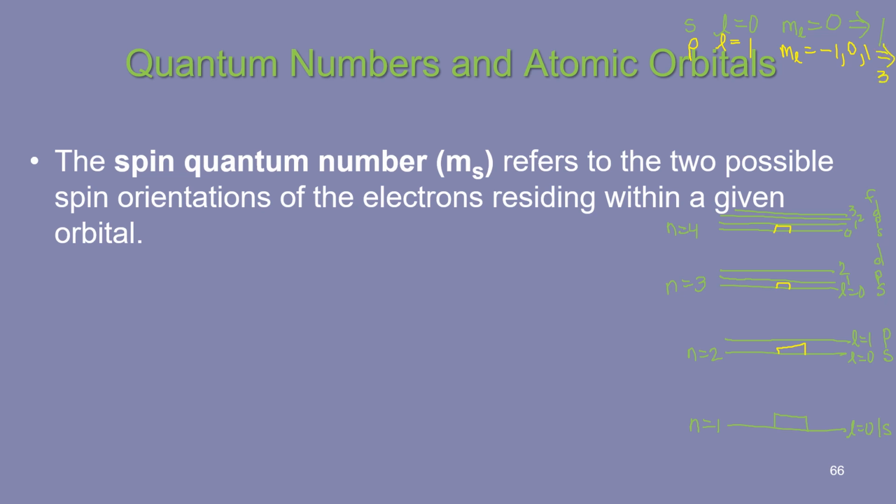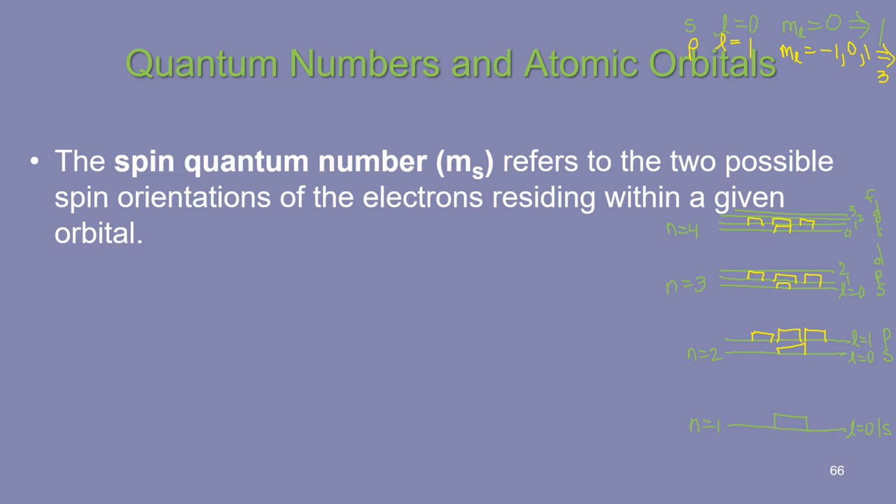So on any P subshell, no matter where it's located, there are 3 P orbitals, which means there are 3 regions that can each hold, remember, 2 electrons. So on the 3p, there are 3 of them. On the 4p, there are 3 of them. On the 5p, there are 3 of them. No matter where the p is located, there are 3 orbitals.